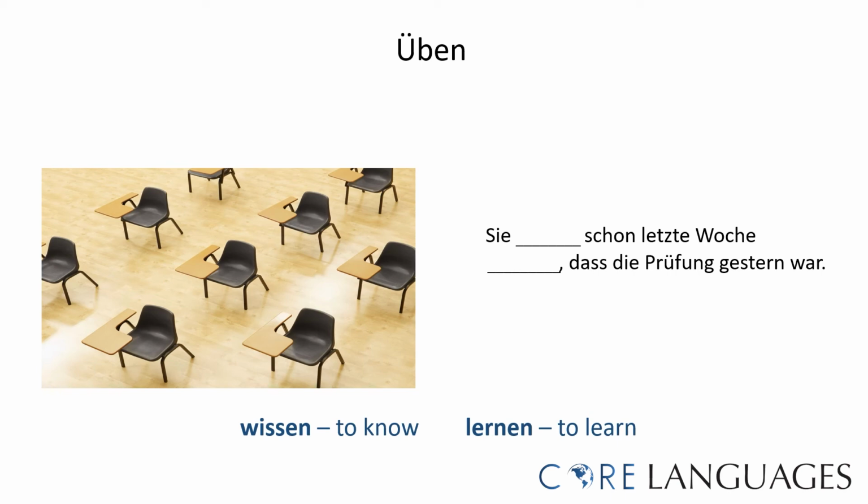The correct verb is wissen, and wissen in the past perfect is hatten gewusst. Sie hatten schon letzte Woche gewusst, dass die Prüfung gestern war. They had already known last week that the exam was yesterday. Without context, sie, of course, could also mean she, in which case it would be sie hatte schon letzte Woche gewusst.